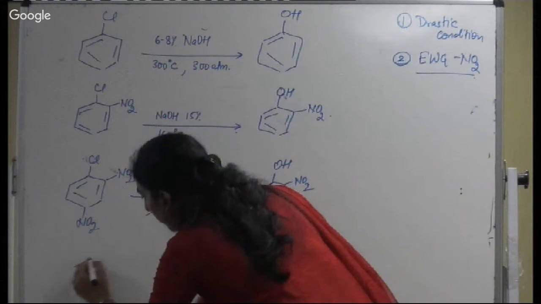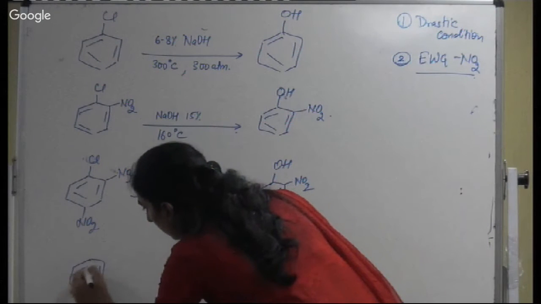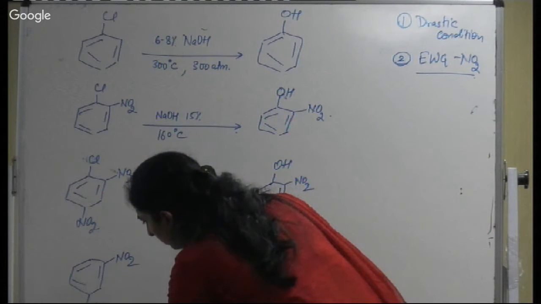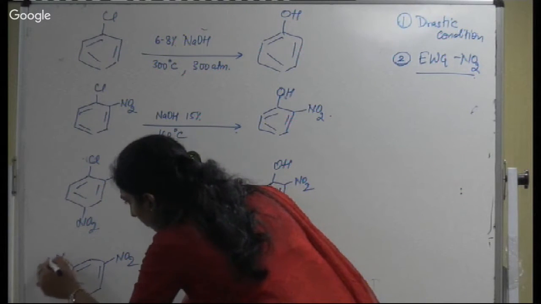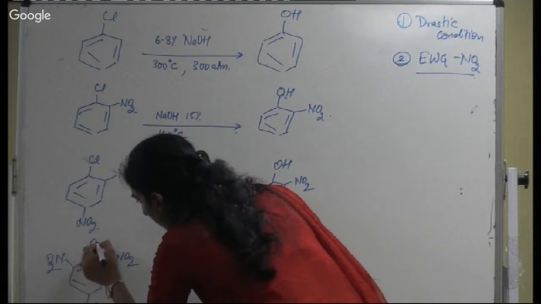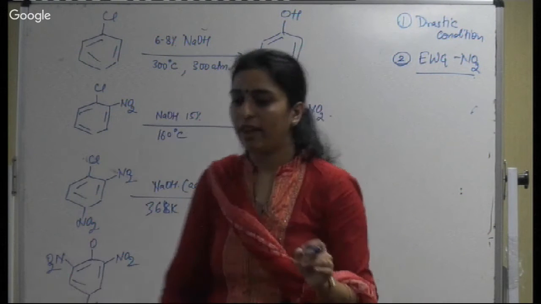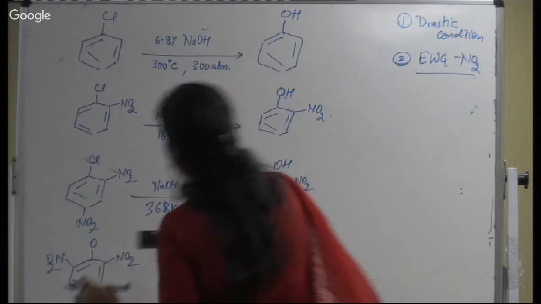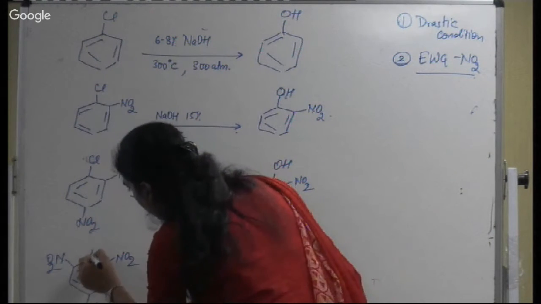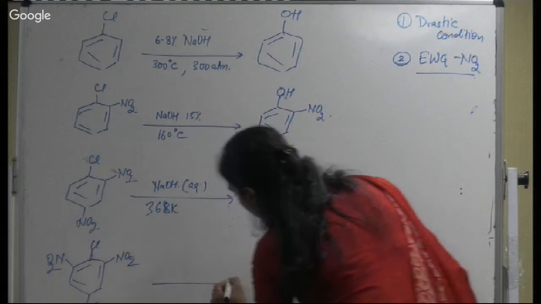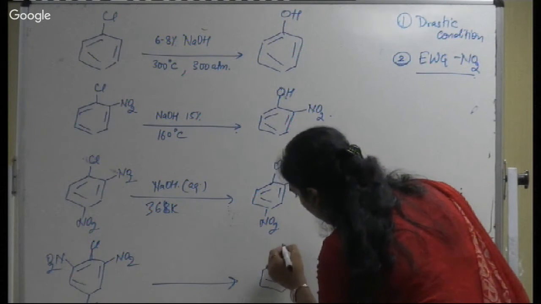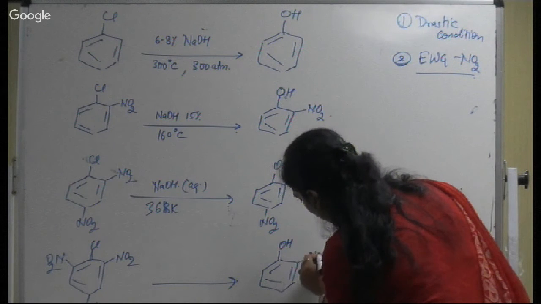Introduction of more nitro groups, or more electron withdrawing groups, will ease the conditions. These are experimental facts which I am writing. This is the actual reaction condition under which somebody has done this reaction. We will explain why the reaction conditions are getting milder.